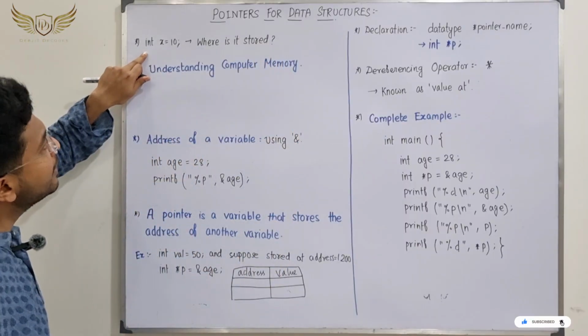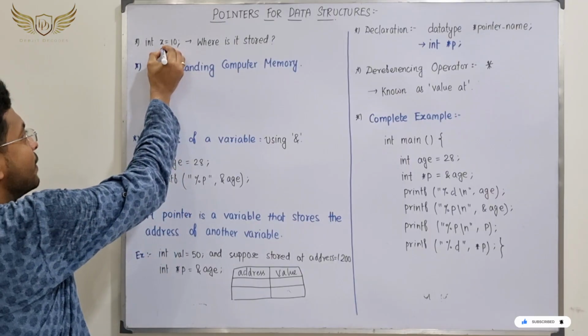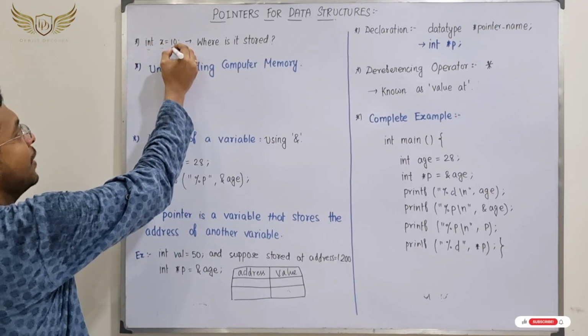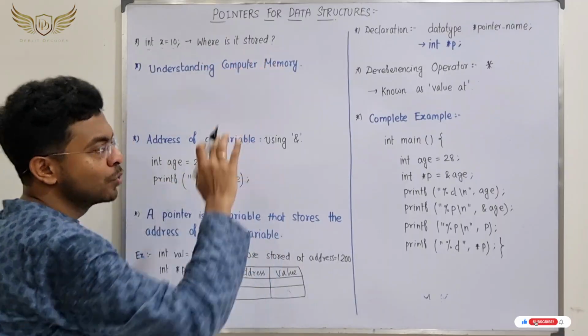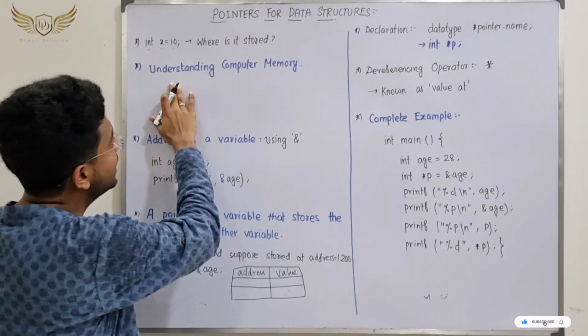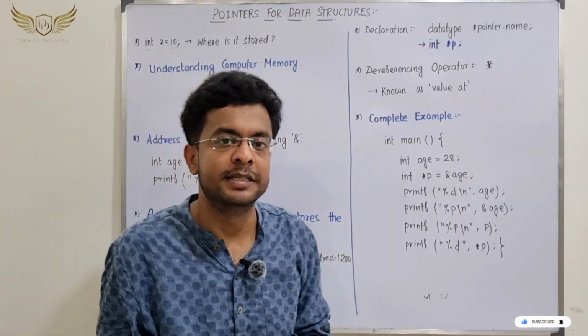See, suppose you are writing int x equals 10. What is the meaning? X is a variable of type integer, which is storing the value 10. So if the question is where it is stored, or if you want to understand the computer memory related to this, how do you process this?